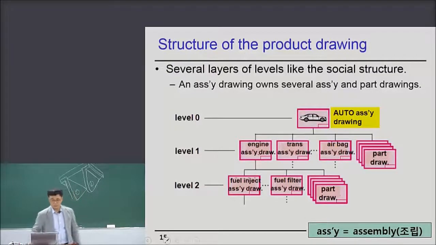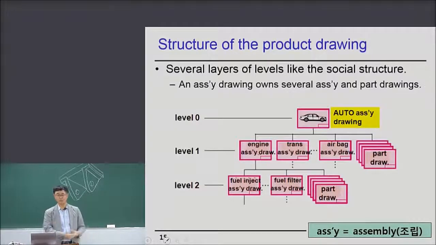Also, in the engine assembly drawing there are lists. The assembly drawing has a list, which I'm going to explain in a later slide. In the engine assembly drawing, there is a P part list. So according to the list of P parts, you have purchase parts, and parts according to the part drawings at level 2, and a fuel injection unit and fuel filter unit according to the assembly drawing.